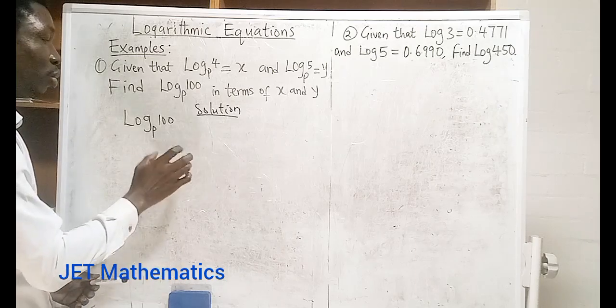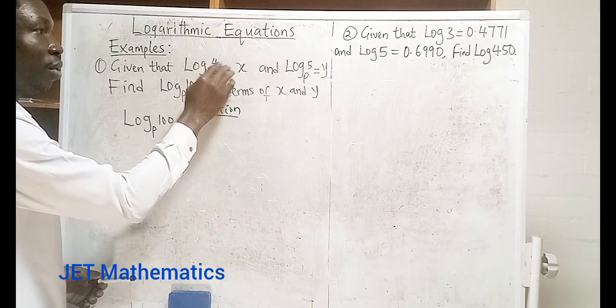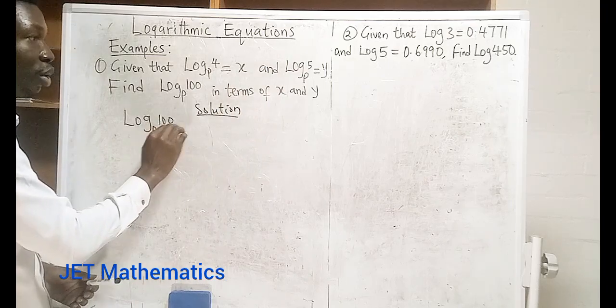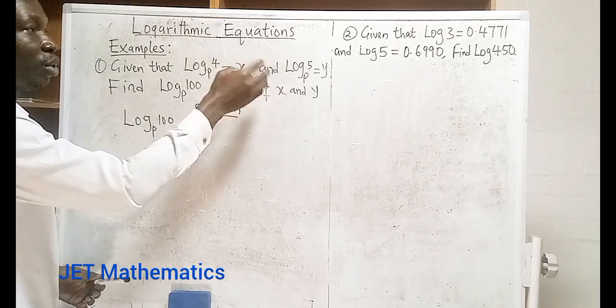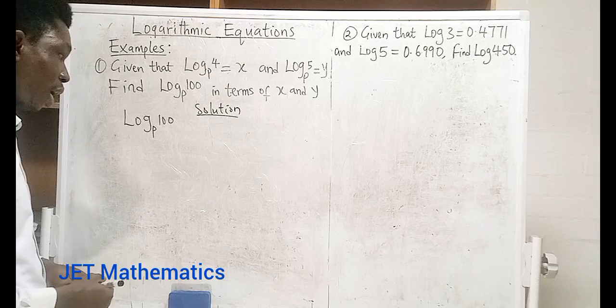So I'll look for multiples, numbers that can multiply 4 and 5. Try to express 100 in terms of a product or division of 4 and 5. Okay, so that's what we'll try and do.